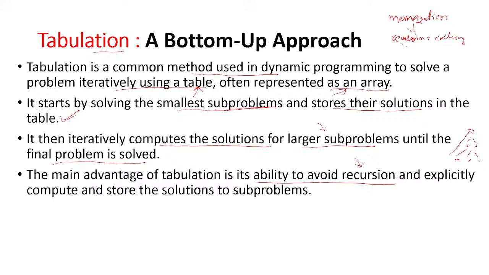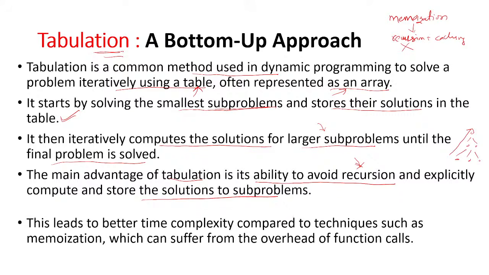Recursion again involves function call overhead. To avoid this function call overhead, to avoid recursion, we use the tabulation technique and explicitly compute and store the solutions to the subproblems. That is the main advantage of the tabulation technique.